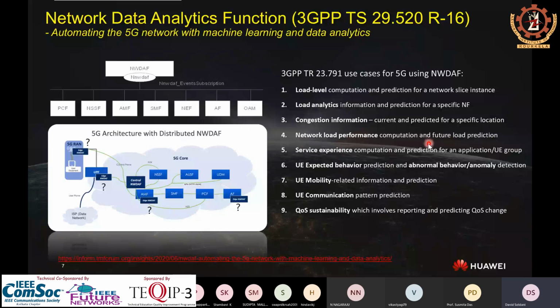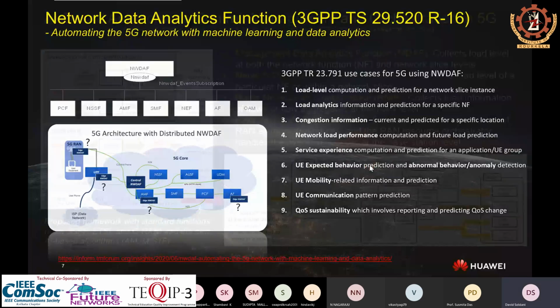So we are thinking of service experience, UE expected behavior, terminal mobility, UE communication pattern prediction, and of course application to quality of service, which with 5G is defined at the granular level in terms of flow components. So if this function can communicate with the PCF, the policy control function, we can really perform actions at the single packet level.